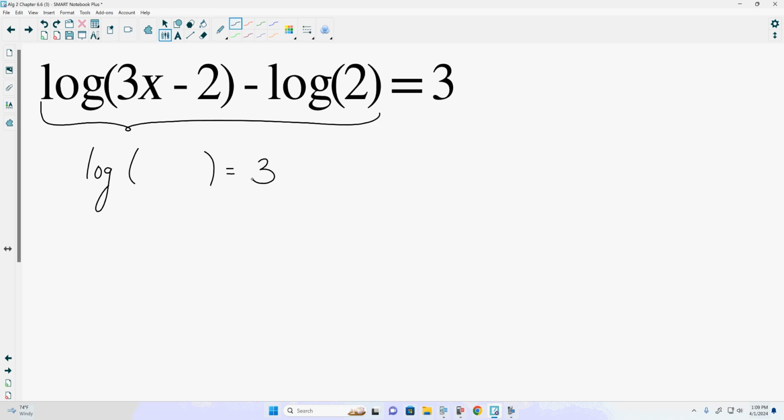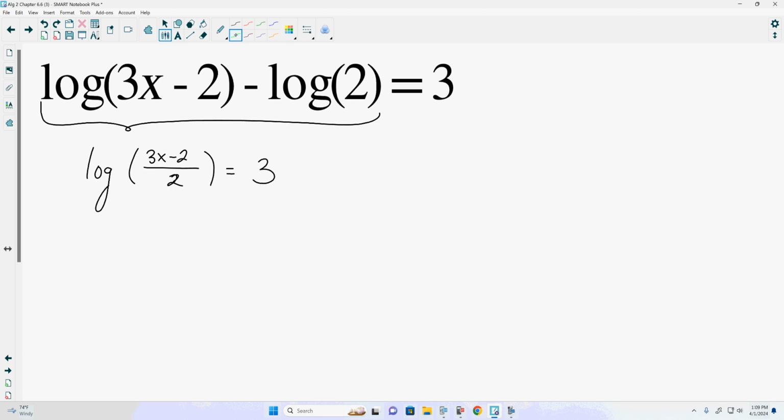They're going to be divided because it's a negative sign. They're going to be divided since we are subtracting the two logs, because if I am subtracting two logs with the same base, it's the same as dividing them inside one log. Questions on this?